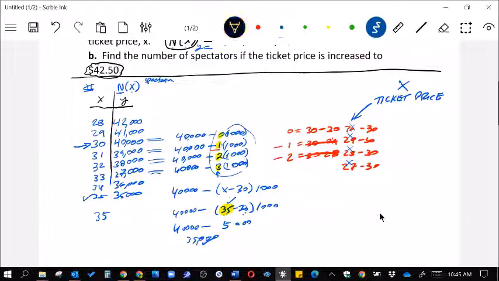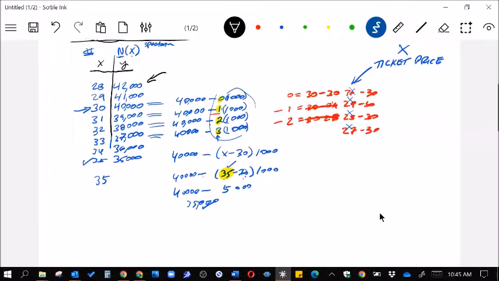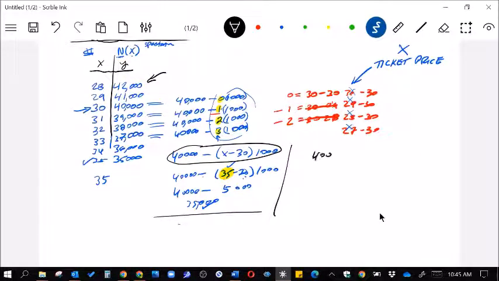Now let's take a look at this one and try out this little thing that I've cut here. If I do 40,000, I've got that in there, 28 minus 30 times the 1,000, and this is the x, so that's 40,000 minus negative 2 times 1,000. Those negatives make it plus, so that becomes 42,000.